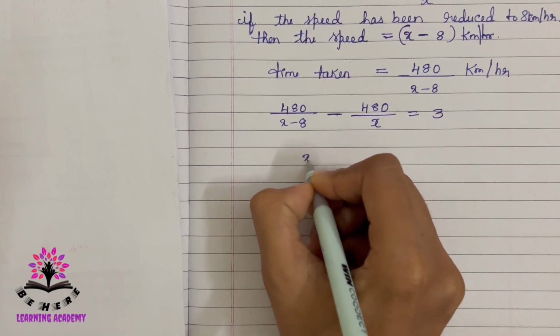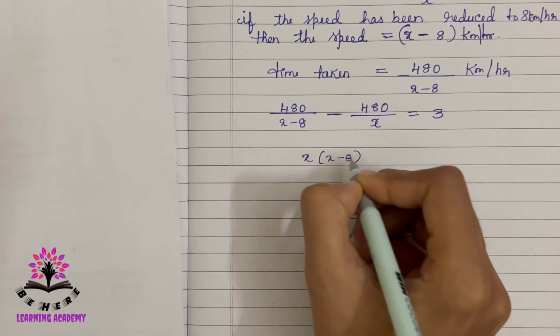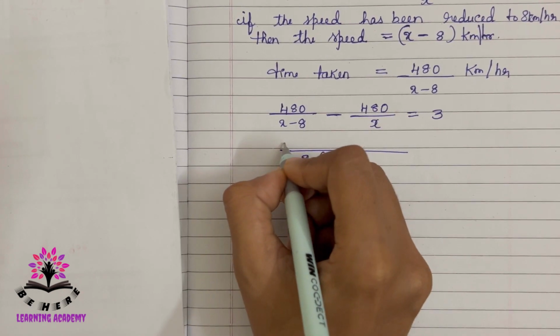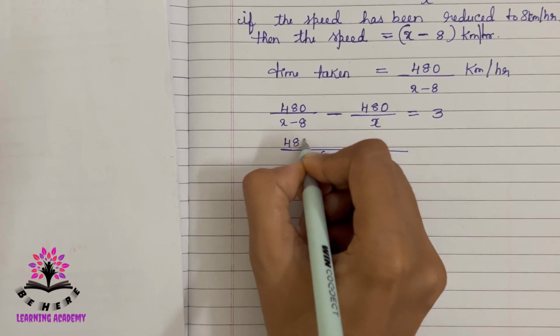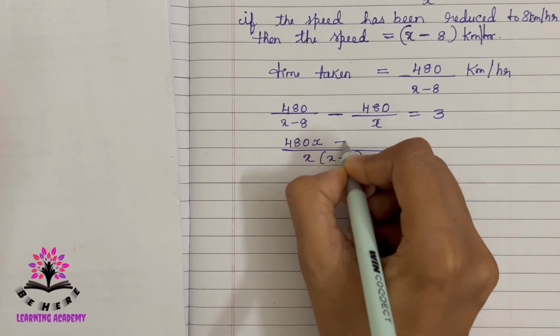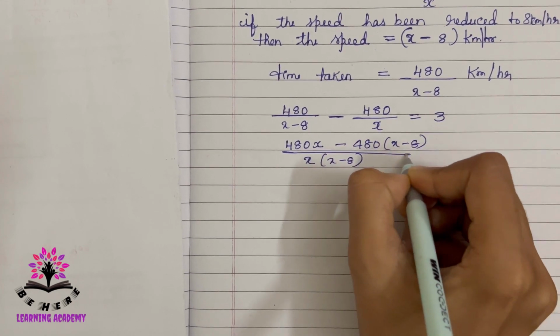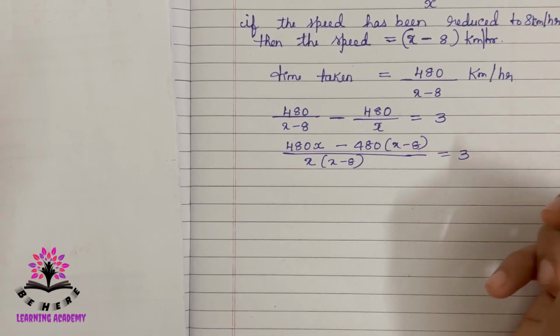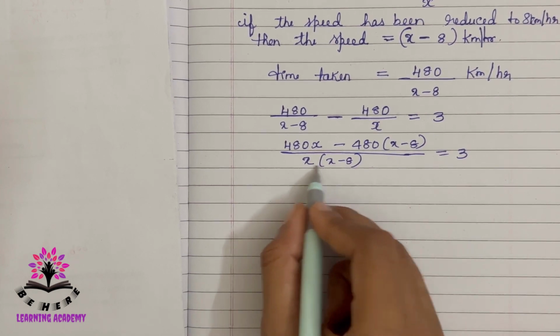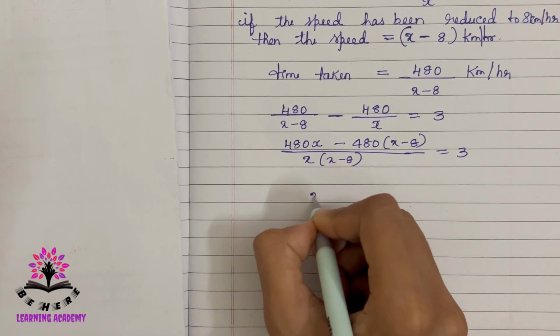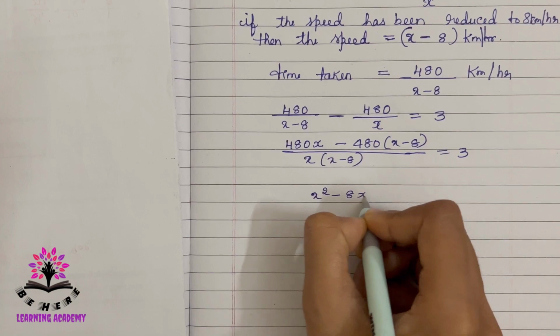The LCM will be x into x minus 8. When you find the LCM, the answer will be 480x minus 480 into x minus 8 is equal to 3 as it is. First let me multiply here. It will be x square minus 8x.